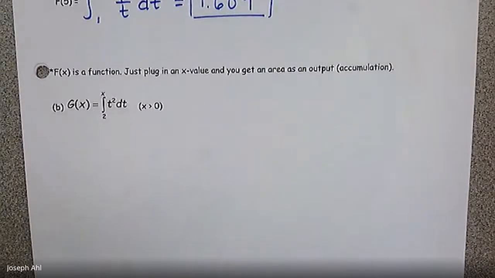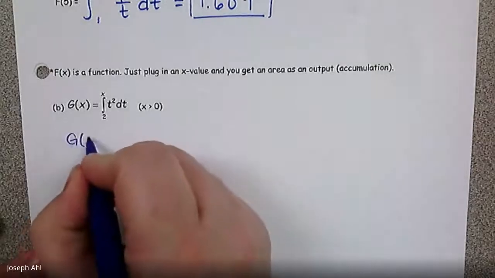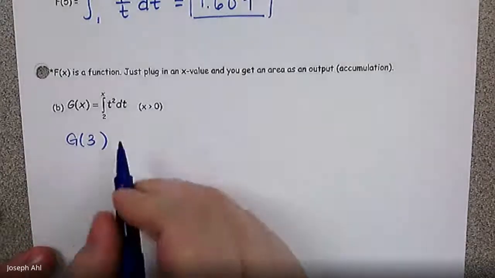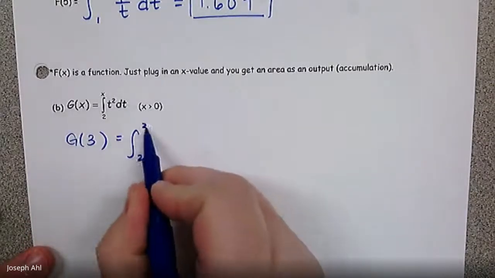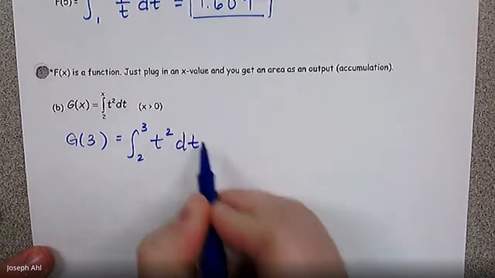Okay, so here's another example: given capital G of x equals the integral from 2 to x of t squared dt. And again, we're only going to look at this right now for when x is greater than 0. If I said to find G of 3, we're looking at the accumulated area from 2 to 3 of t squared dt.